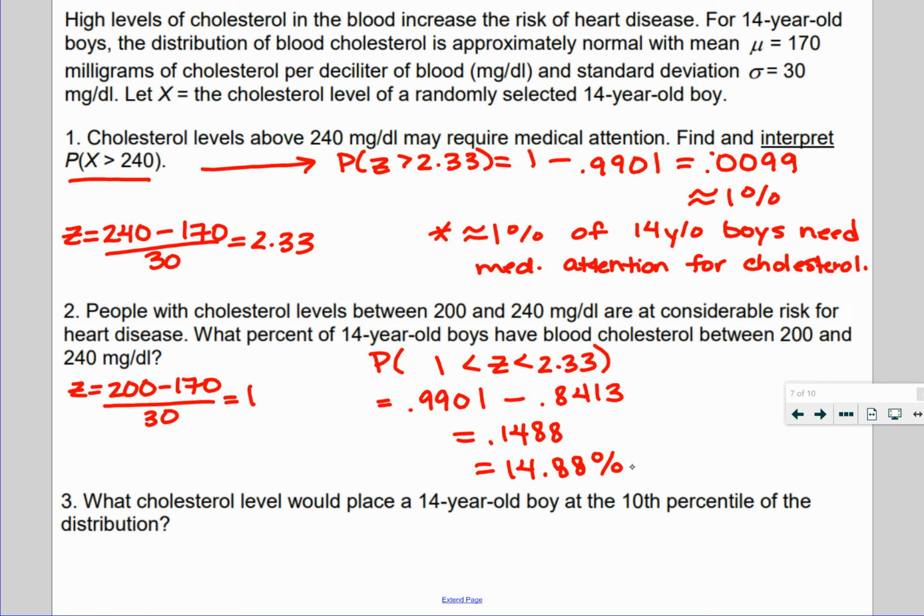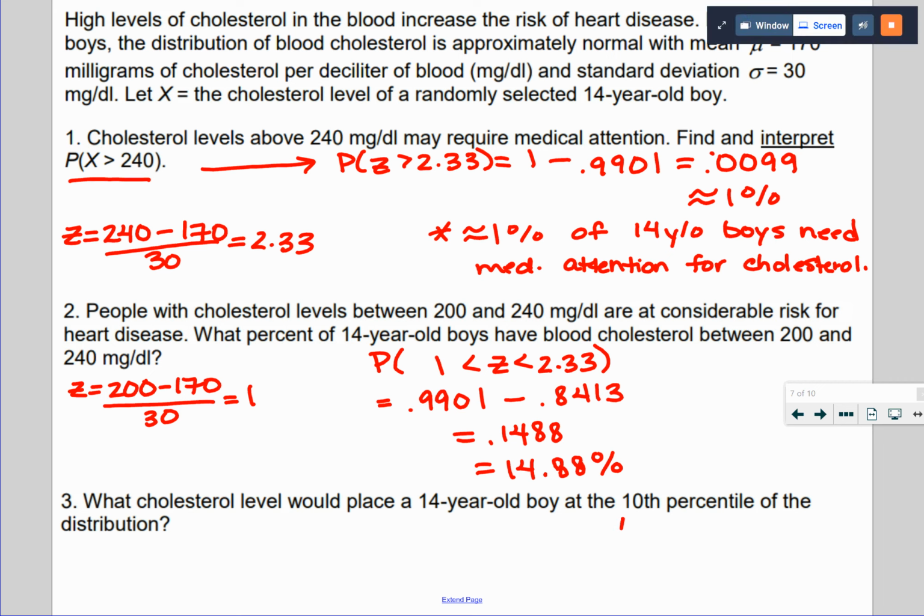The last one is what came from this section now. What cholesterol level would place a 14-year-old boy at the 10th percentile? So if you know you're in the 10th percentile, that means 10% is located which direction? To the left. 10% is always to the left; anytime it's a percentile, it's percent to the left.